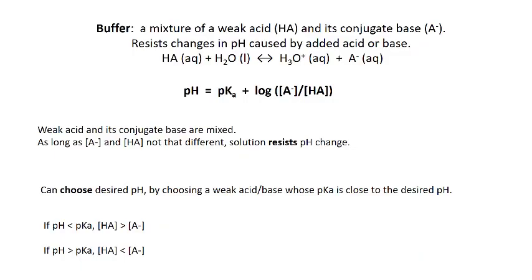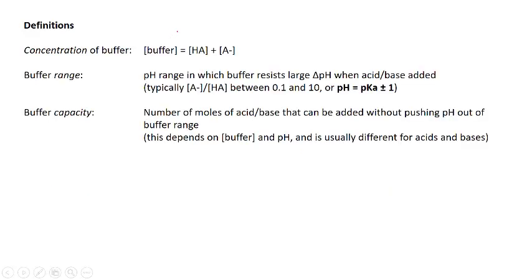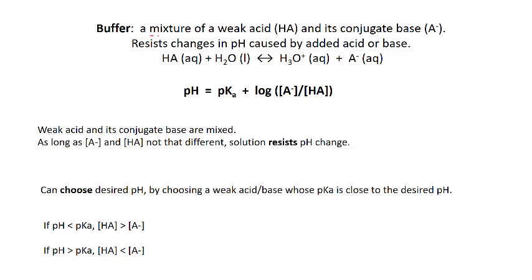So now we're finally at the situation where we can formally define what a buffer is. A buffer solution is a mixture of a weak acid and its conjugate base, and for a buffer solution to work, the HA and the A minus must be present in similar amounts.